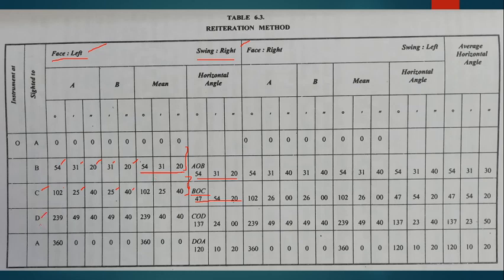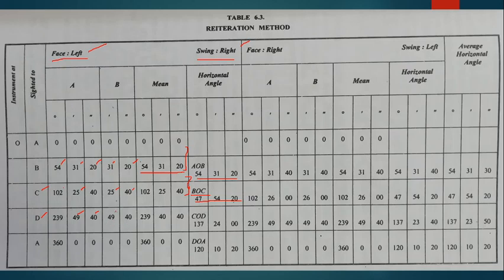For bisection of D, when you sight to D, the reading on the main scale is 239 degrees and 40 minutes, whereas the coincidence is 9 minutes and 40 seconds. Therefore, 40 plus 9 is 49, and 40 seconds are there. Then when you move to vernier B, we search for coincidence only, and coincidence is 9 minutes 40 seconds, whereas 40 minutes of the main scale of vernier A is to be added here also.